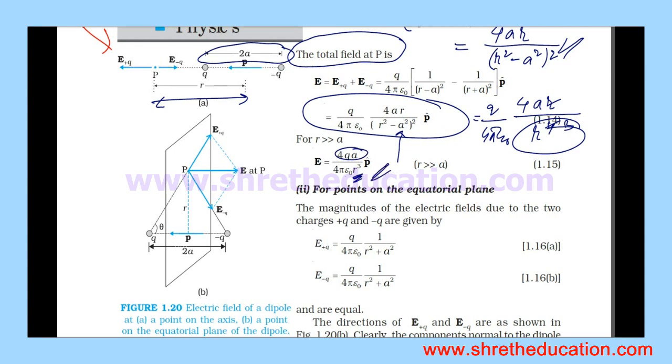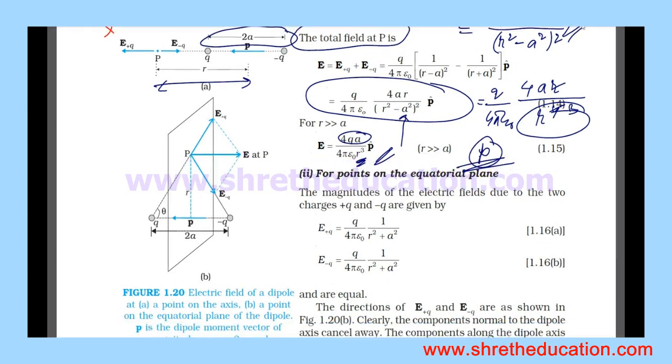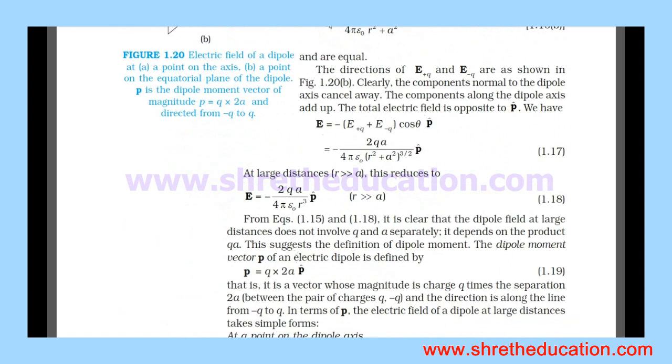Now, in terms of the dipole moment p, we express it in terms of the dipole. The dipole moment p is equal to twice q a, where twice a is the distance of separation between the charges and q is one of the charges.